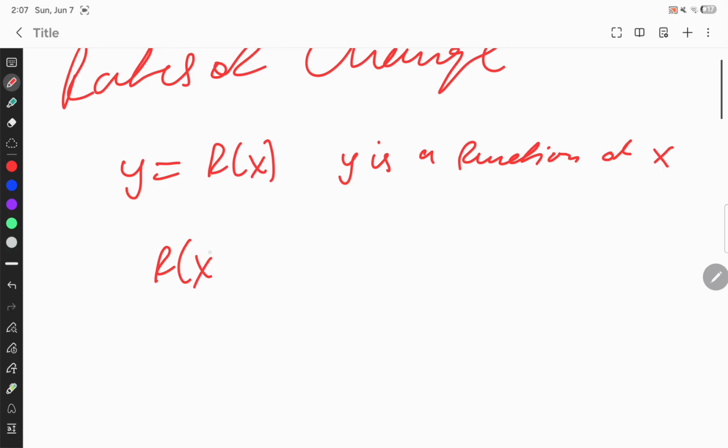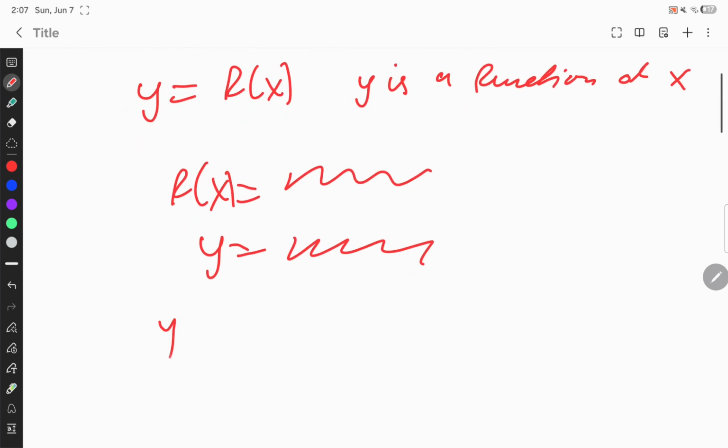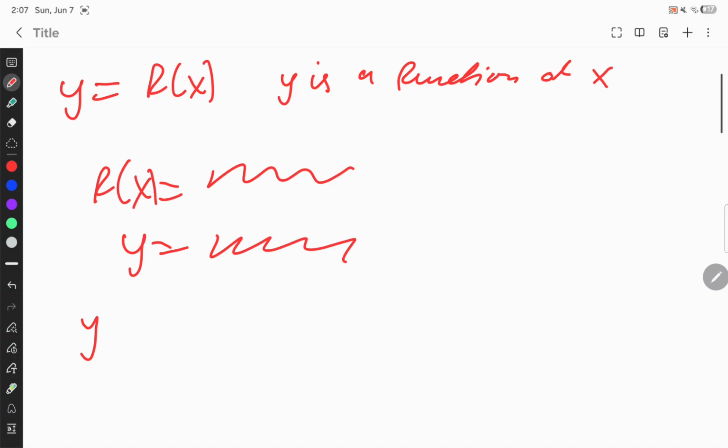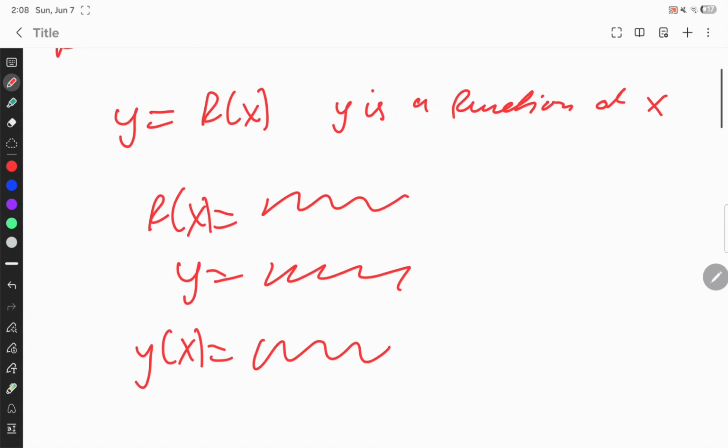You know how f of x is equal to an expression? y is equal to that expression. So doesn't y get the right to have x as its parameter, technically? The value of y depends on x. So that is why we say y is a function of x.